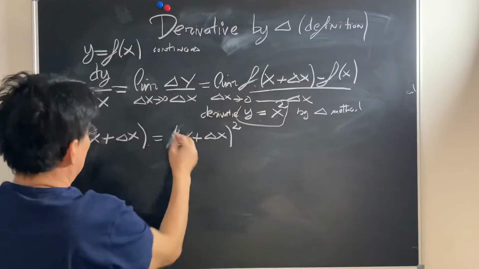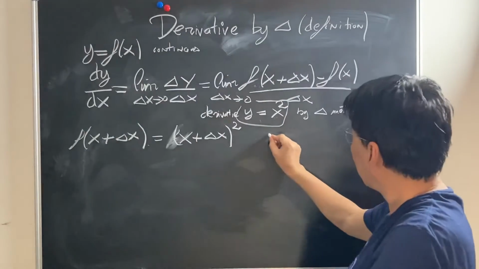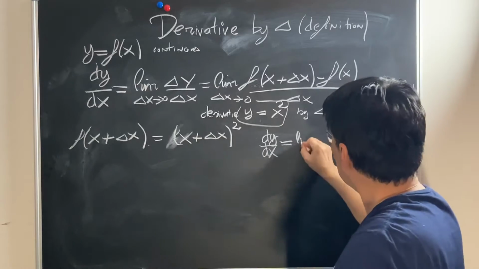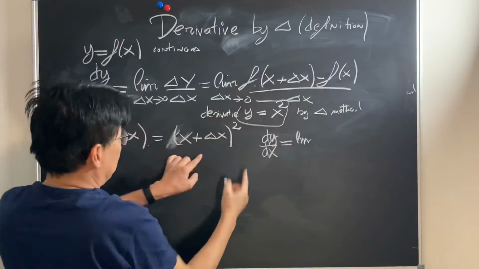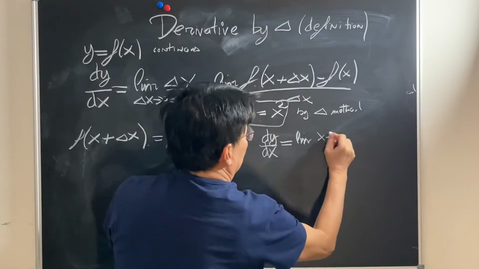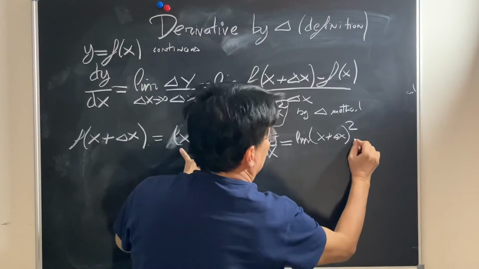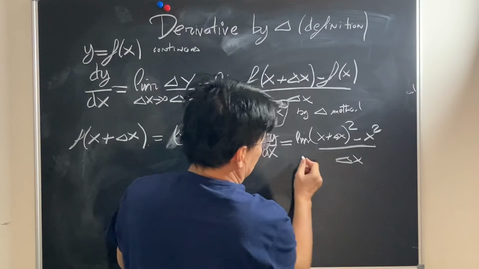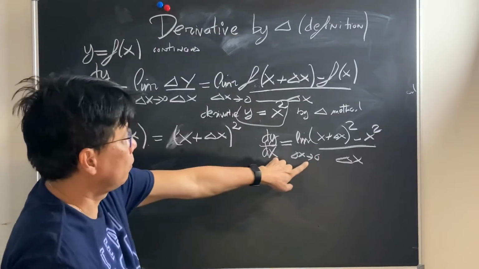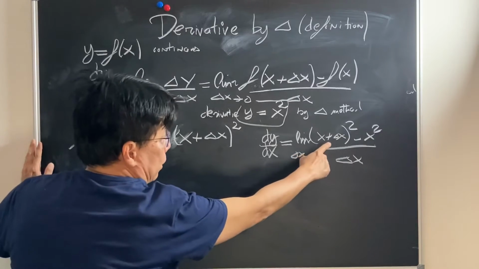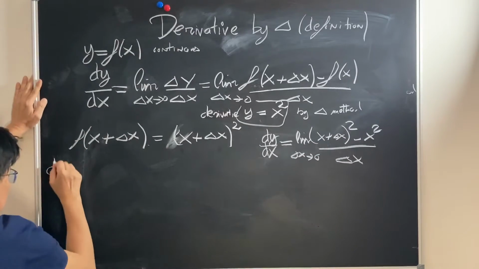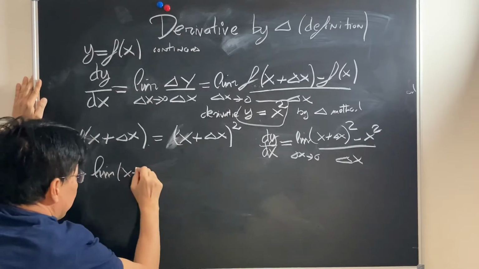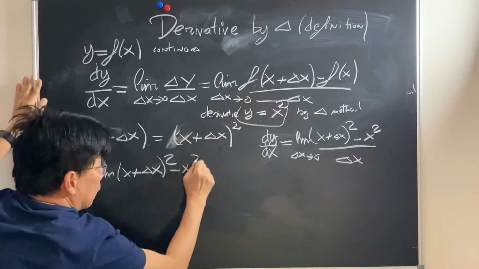Now we have dy over dx equal to the limit of f of x plus delta x, which is the whole thing x plus delta x squared, minus f(x), which is x squared, and then divide by delta x, as delta x goes to 0. Let me rewrite that: dy over dx equals the limit of x plus delta x squared minus x squared over delta x.